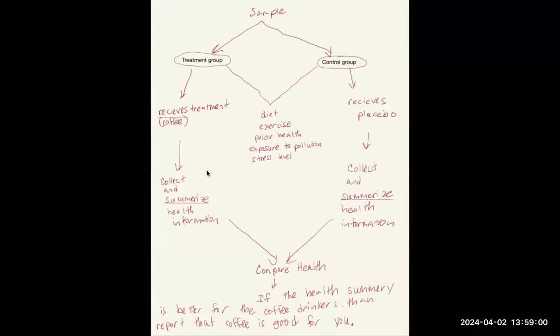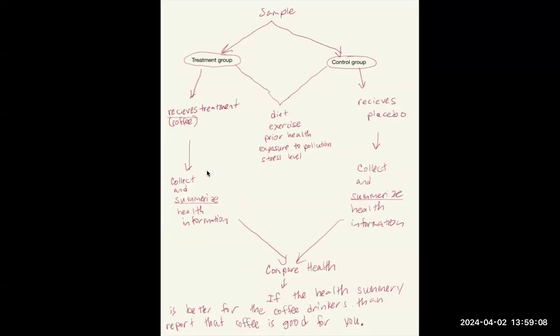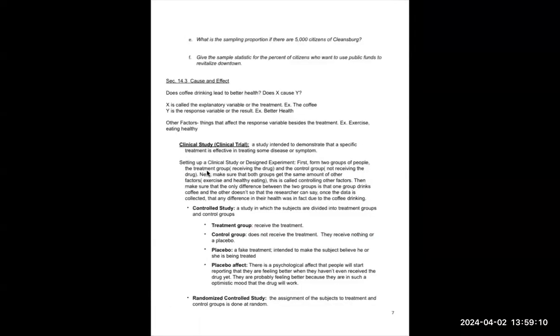Now, we give them a placebo to make them think that they are receiving the drug. And the reason why we do that, let me go back to the other page, is that there's something called a placebo effect.